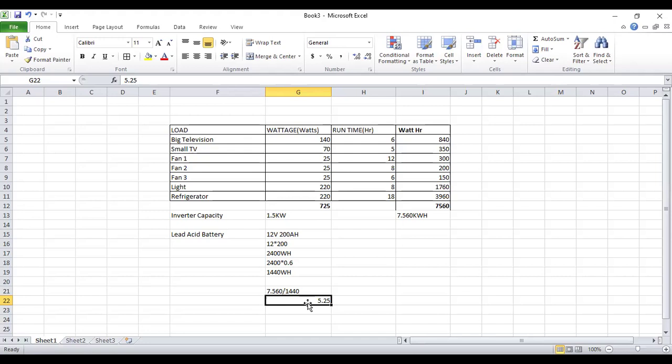Me, I prefer, and I always advise, it's better to have a higher voltage. Since from our calculation we are looking at 5 batteries, if we're going to go for a 12 volt system, we will simply parallel all the 12 volt batteries together.